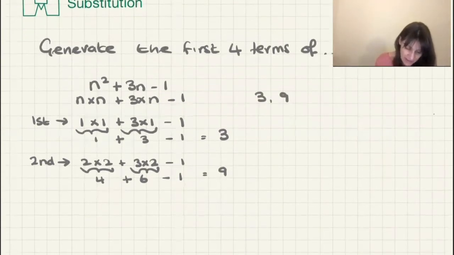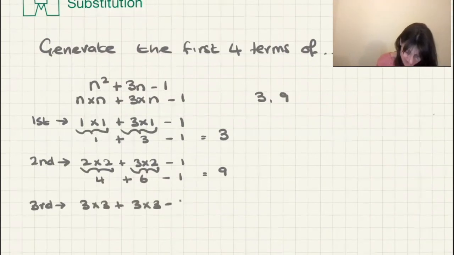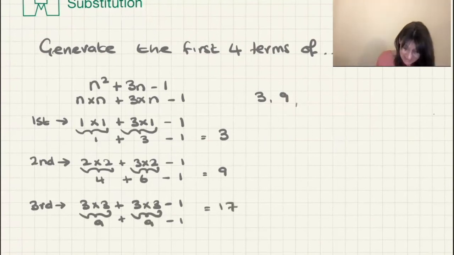So let's go up. The third number is 3 times 3 plus 3 times 3 minus 1. So I've got 9 plus 9, which is 18. Take away 1, and I've got 17. And last but not least, we want to put the fourth one in.